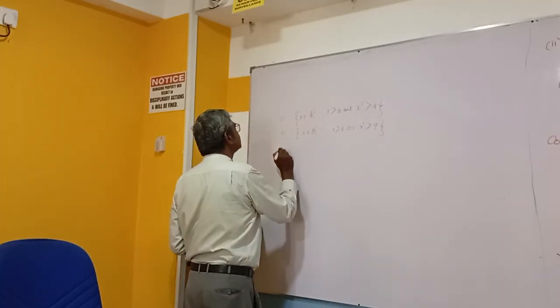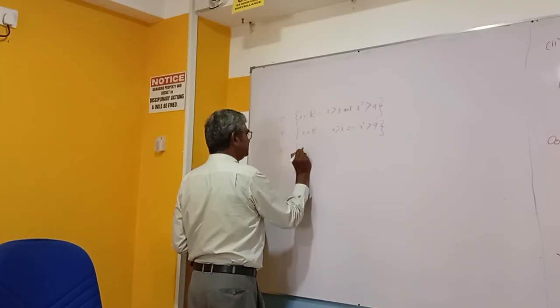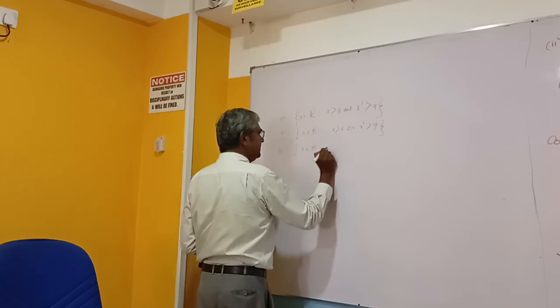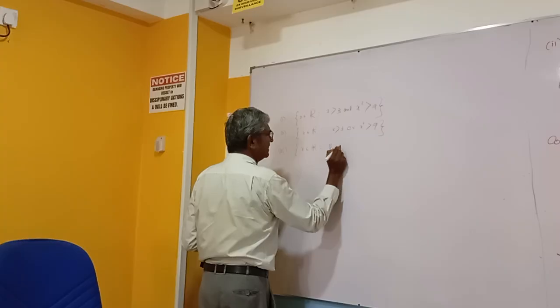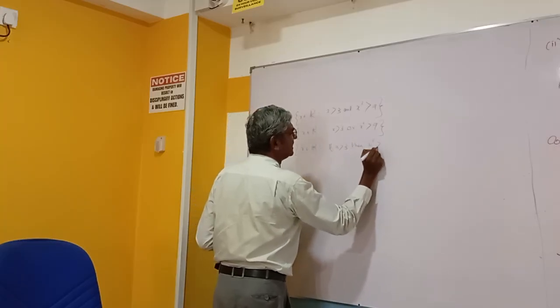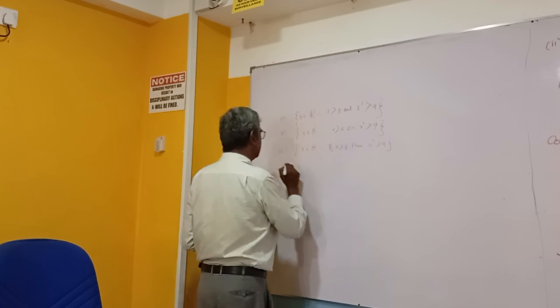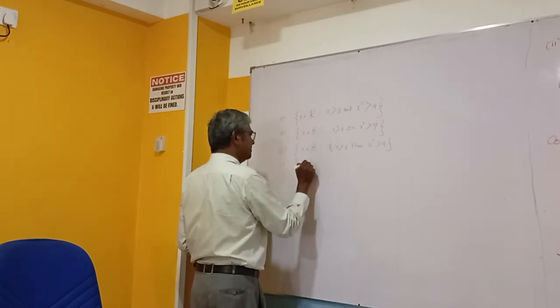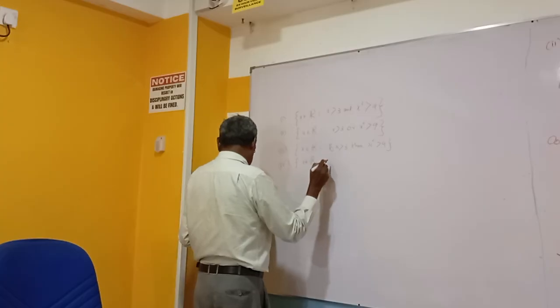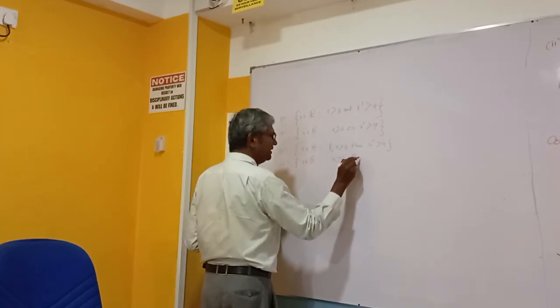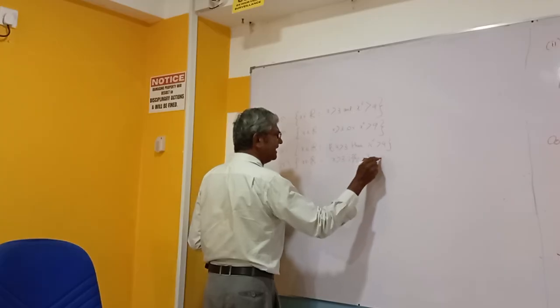Third one, the set of all x belongs to R such that if x greater than 3, then x squared greater than 9. Fourth one, the set of all x belongs to R such that x greater than 3 if and only if x squared greater than 9.